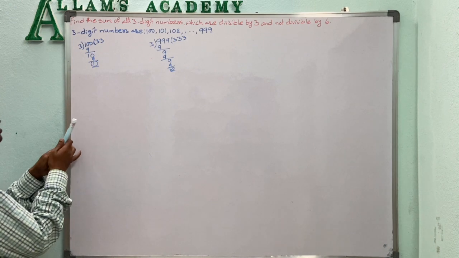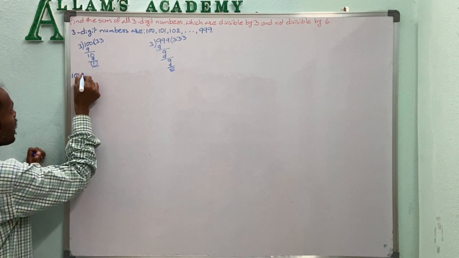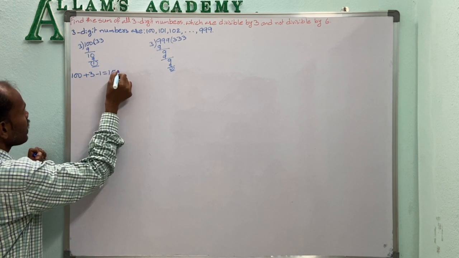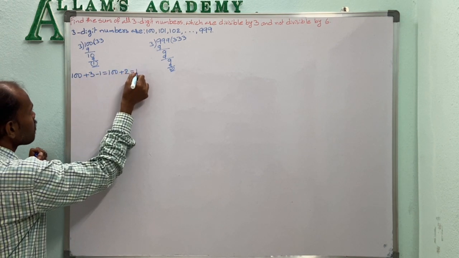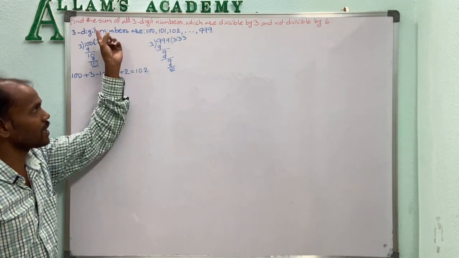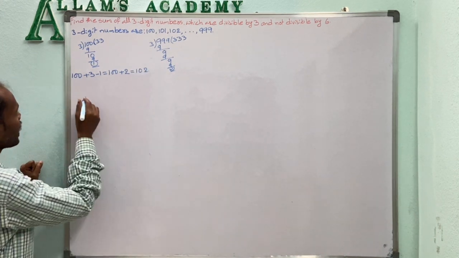Now for the smallest 3-digit number divisible by 3, we do 100 plus 3 minus 1. So 3 minus 1 equals 2, and 100 plus 2 is equal to 102. So the smallest number divisible by 3 is 102 and the largest one is 999.